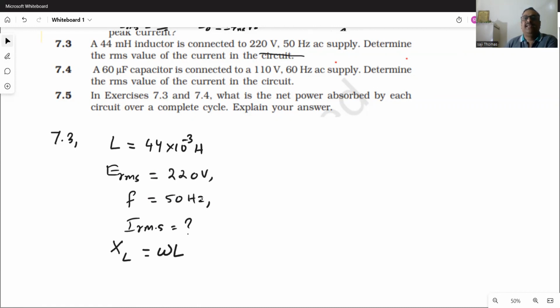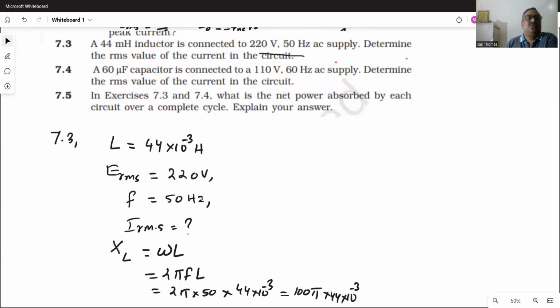Omega L. Inductive reactance is omega L. Omega equation is 2 pi f into L. So 2 pi into what is the frequency? 50 into L, 44 into 10 raised to minus 3. You can calculate this as 100 pi into 44 into 10 raised to minus 3. This is the inductive reactance.